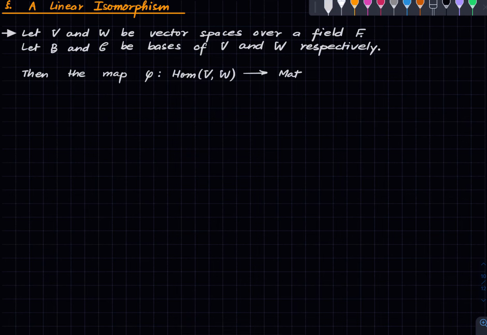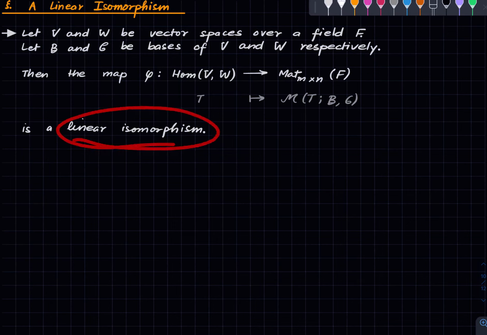So here M is the dimension of V and N is the dimension of W, or no, it's the other way. So M is the dimension of W and N is the dimension of V. I mean the correct things basically. Defined as, it takes a linear map to its matrix with respect to the chosen bases. This is a linear isomorphism. So this is again an exercise why this is a linear isomorphism.